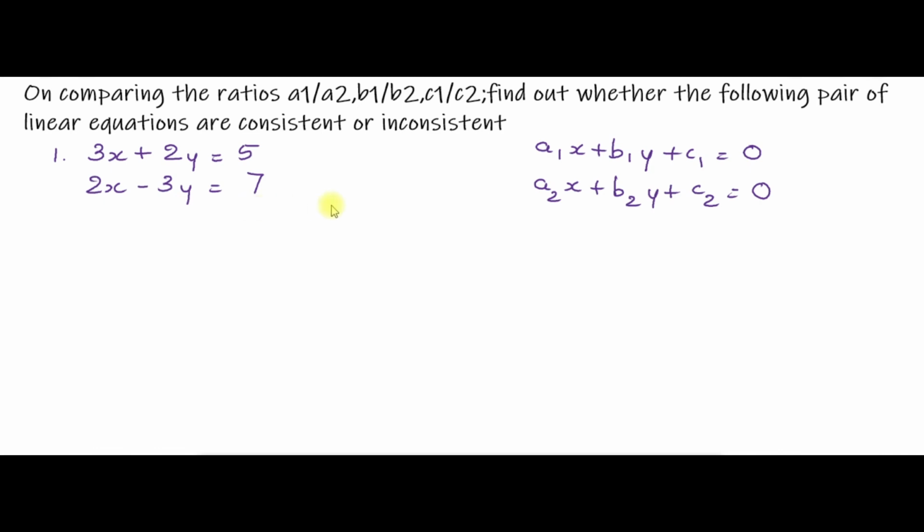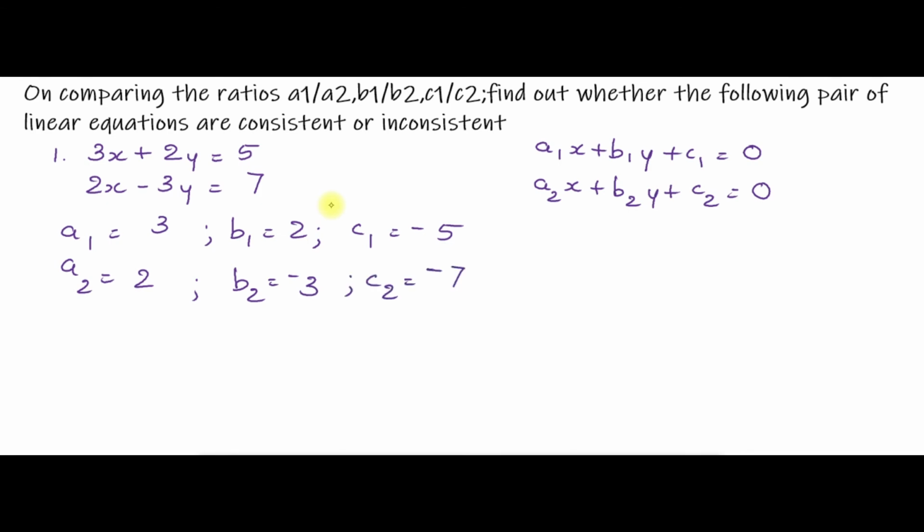Here you have to write it as A1 equal to 3, B1 equal to 2 and C1 equal to minus 5. A2 equal to 2, B2 is equal to minus 3 and C2 is equal to minus 7.